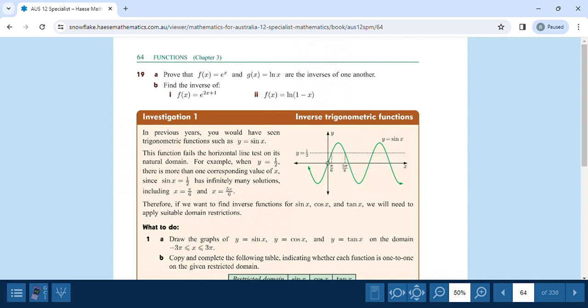And then find g of f of x, and if that's also the identity function x, and if all of those three things are equal, you've proven that f of x is an inverse function to g of x. And so then you can use that information to find the inverse of bi and bii.